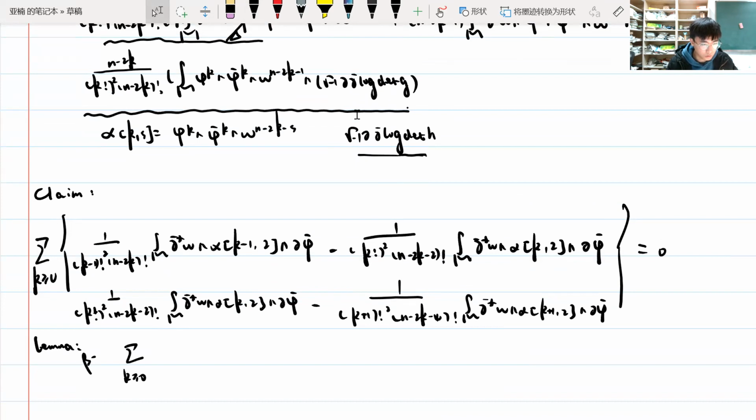this one, maybe we write it as S, this one, here, some coefficients.